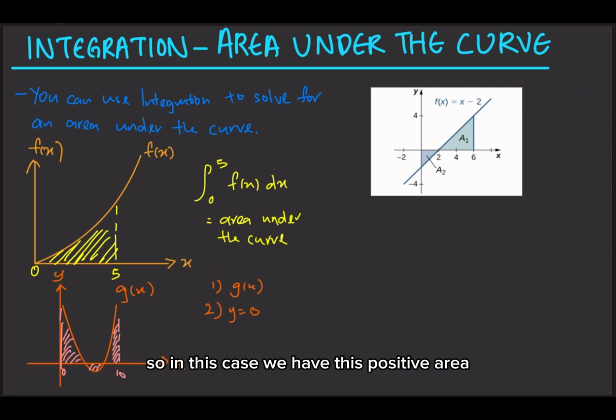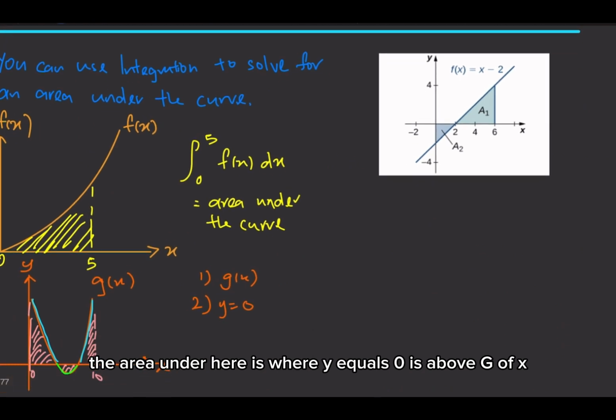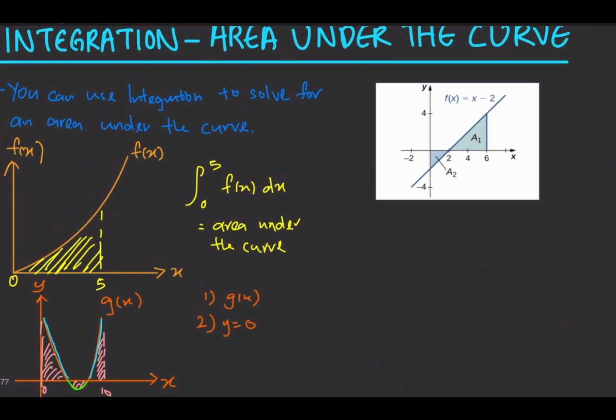So in this case, we have this area here where g of x is above y equals 0, and this area here where g of x is above y equals 0. Well, the area under here is where y equals 0 is above g of x.